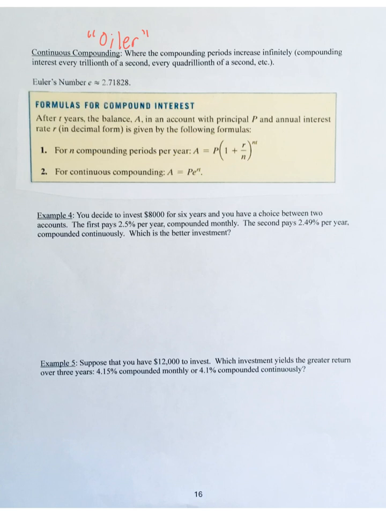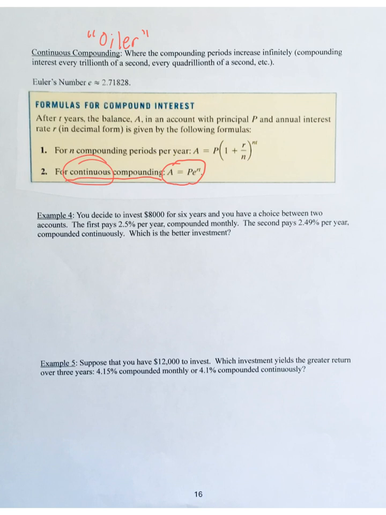So whenever it literally says in the word problem, continuous compounding or compounding continuously, as soon as you see that word continuous, you're going to use what I call the PERT formula. So now the full amount, the full balance in the account is the principal P times the number E raised to the R times T power, where all the variables still represent the same exact items as they did in the regular compound interest formula.